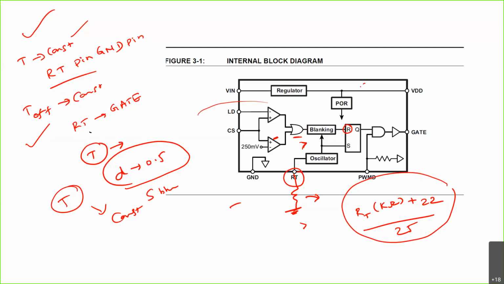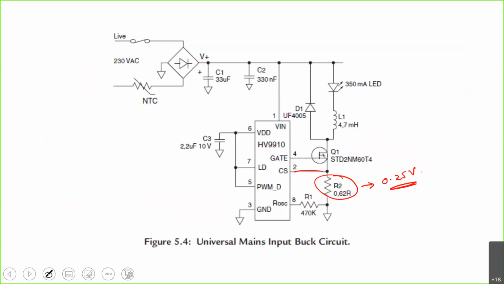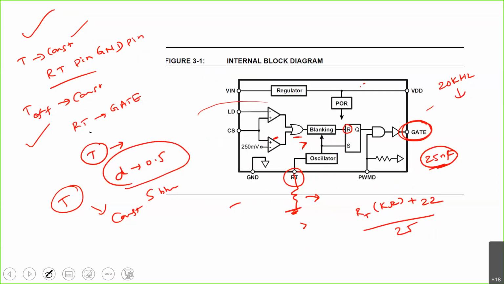Next is the gate output. Normally it can operate in the range of 20 kilohertz to around 100 kilohertz on average, and maybe higher frequencies. If the MOSFET has some internal capacitance, for example 25 nanofarads, then you need to operate below 100 kilohertz.